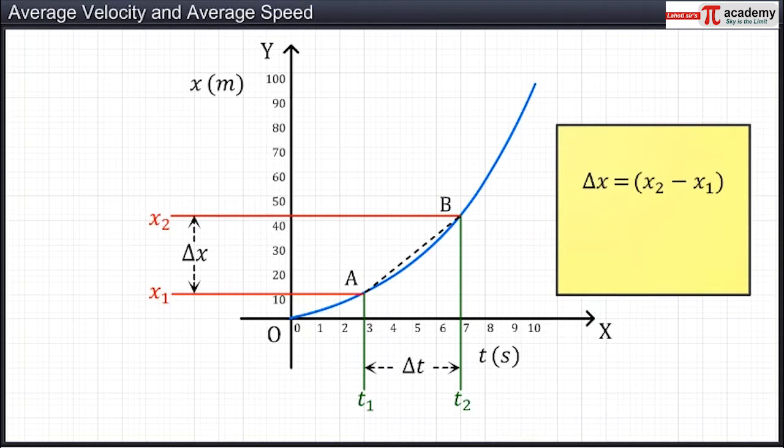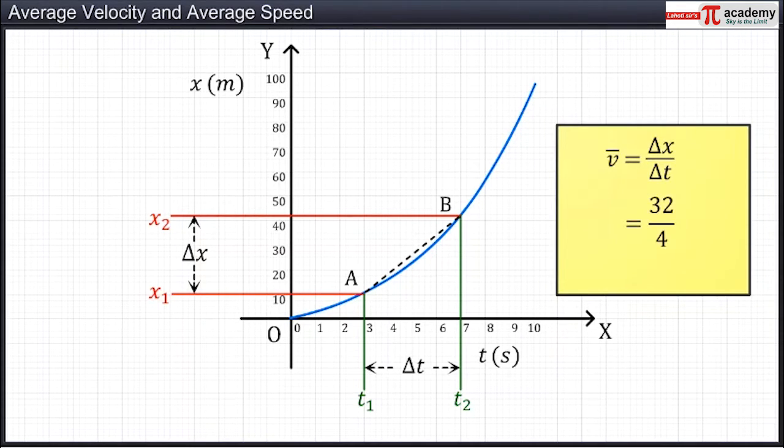Delta x is equal to x2 minus x1 is equal to 42 minus 10 is equal to 32 meters. Delta t is equal to t2 minus t1 is equal to 7 minus 3 is equal to 4 seconds.